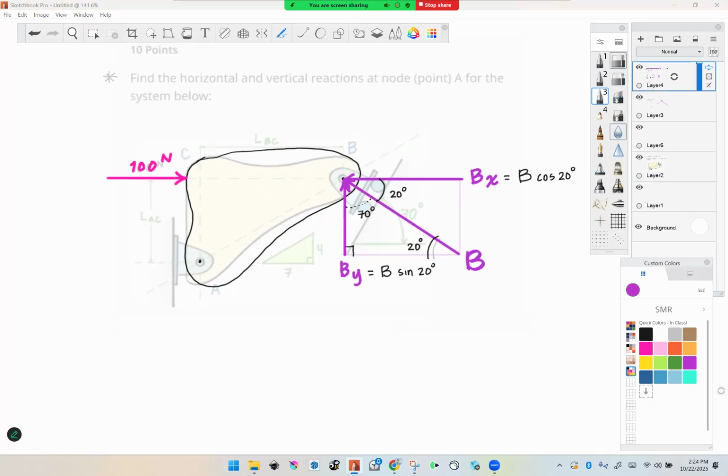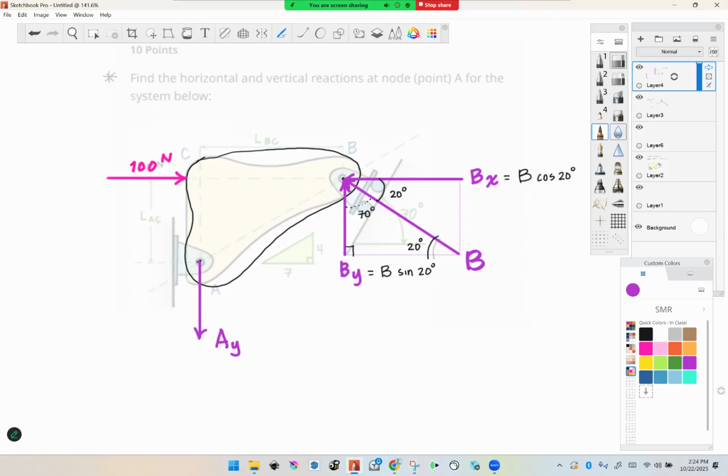We also need reactions over at A, and the pinned connection can give me a horizontal and a vertical. And the vertical one, we already know that it's going to be downward. Do you see that? And so I know that my A sub y is going to be the same as my B sub y, right?